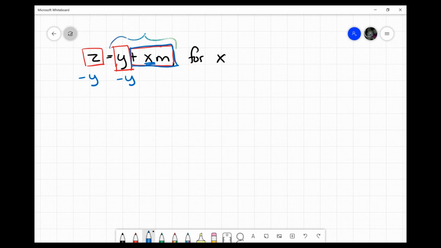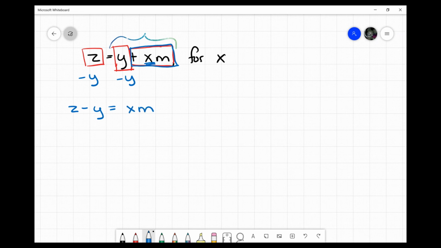There's no way for me to combine them. They are different letters. Even though they are both variable terms, they are not the same. So I have z minus y on the left side. That is equal to y take away y is 0. I don't need to note that because we also have the xm on the right side.